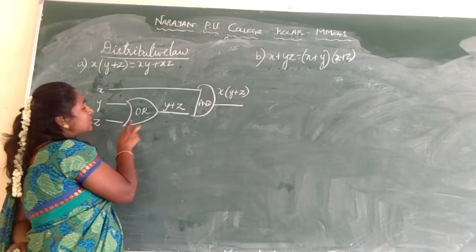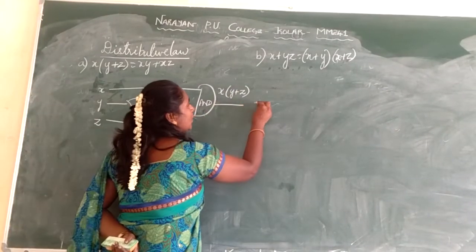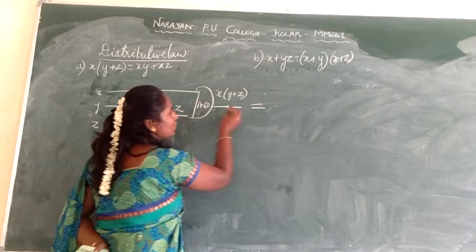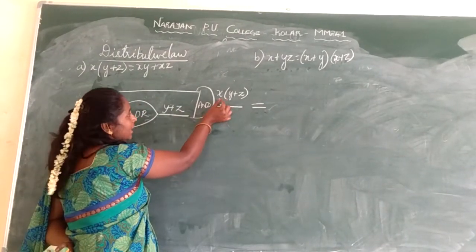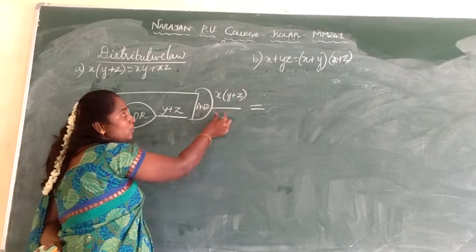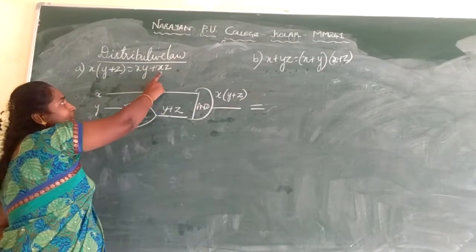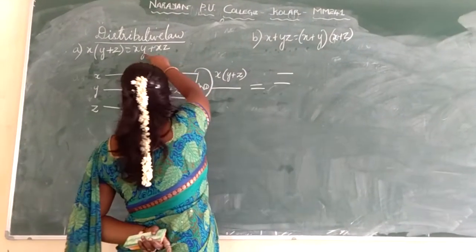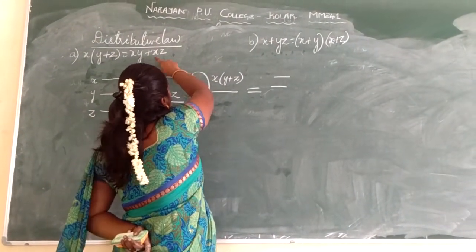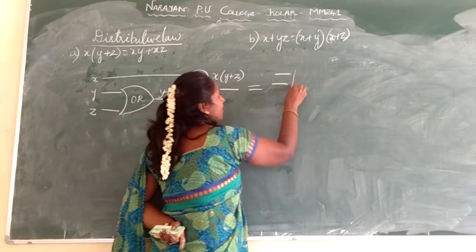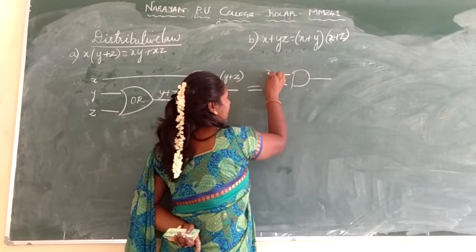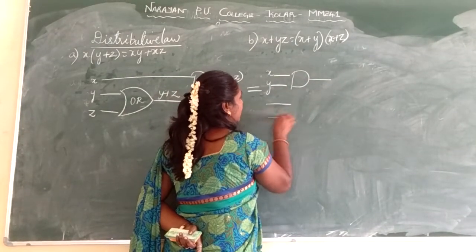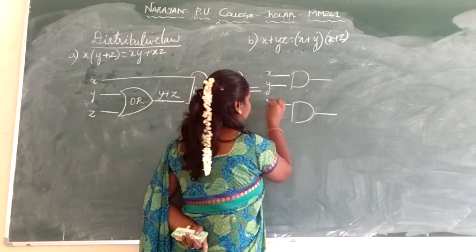This particular circuit should be equal to this circuit. Whatever result is produced by x into (y plus z) should be equal to xy plus xz. For that we are going to use two AND gates, xy and xz.